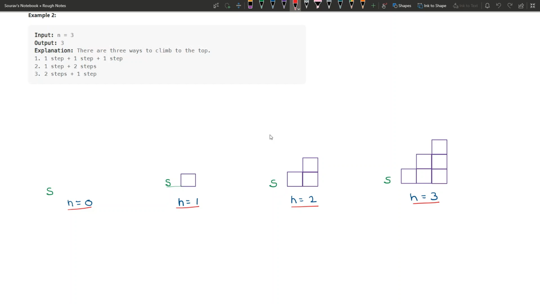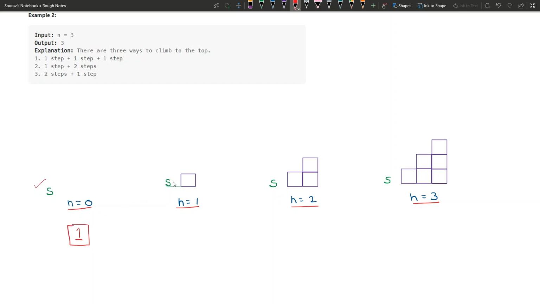We can see what is the smallest or simplest problem we can solve. In this example, let's say n equals 0, that is, how many ways are there to reach the top if there are no stairs at all? If there are no stairs, then the total number of ways to reach the top is 1, that is, don't climb the stairs at all.